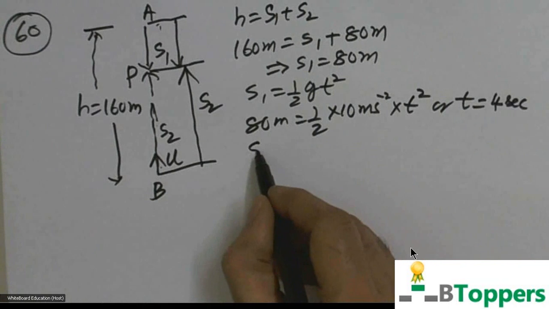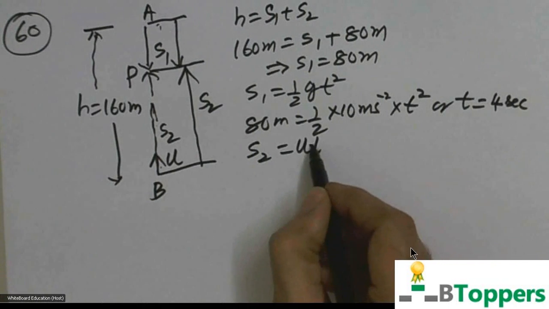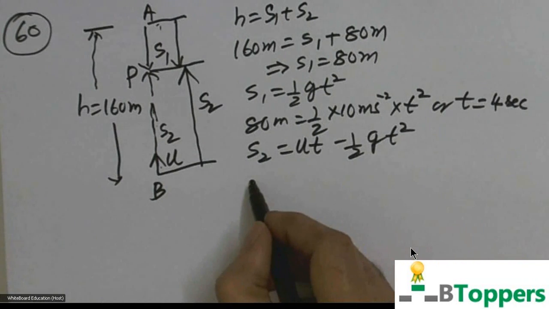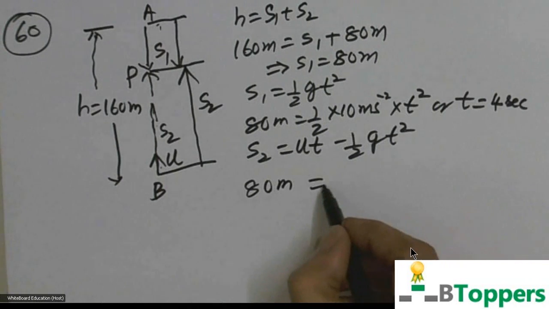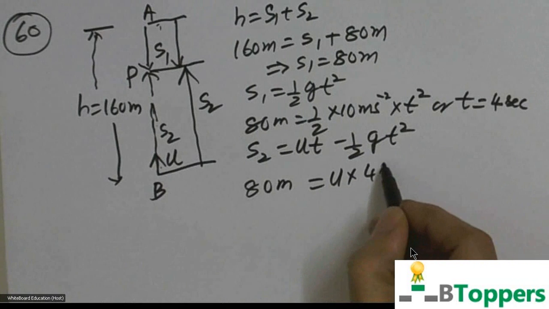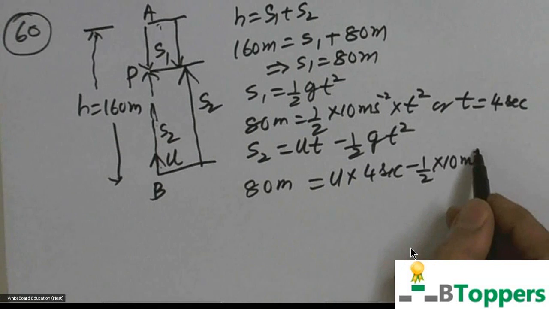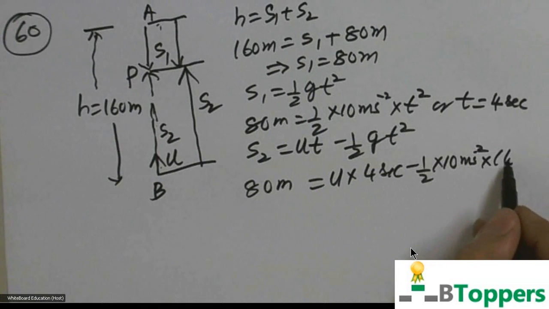For the second body which is projected vertically upwards, you can write the displacement at time t after projection at the position P as ut minus half g t square. Here S2 is 80 meters. You can substitute t equal to 4 seconds and g equal to 10 meter per second square.